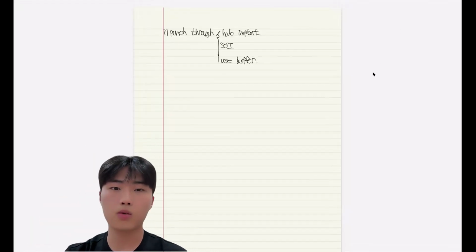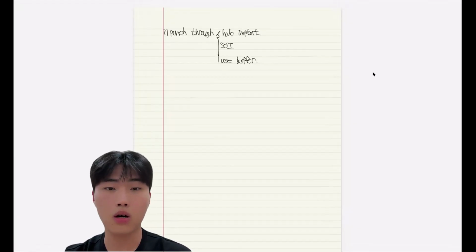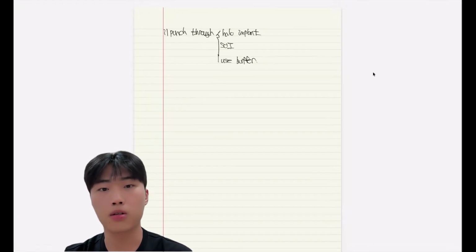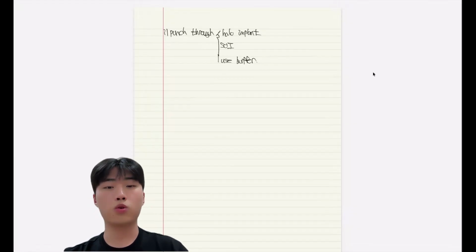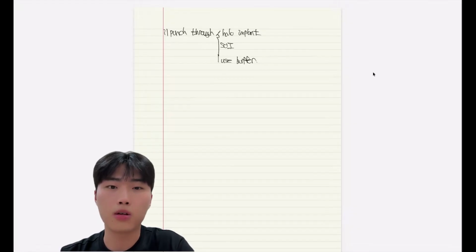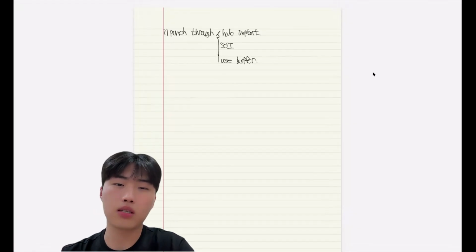Hi, in this class we will talk about the short channel effect in semiconductors. Throughout semiconductor history, devices have been getting smaller and smaller because the wafer size is fixed.